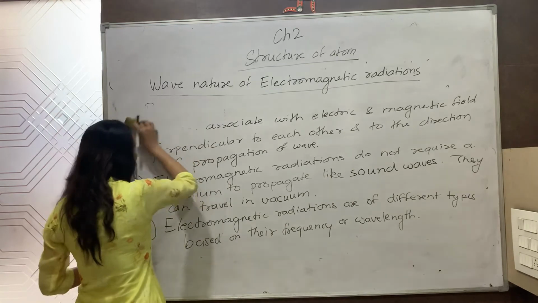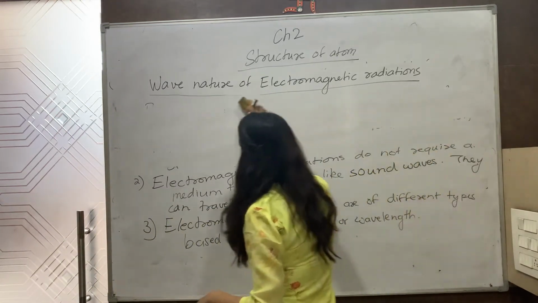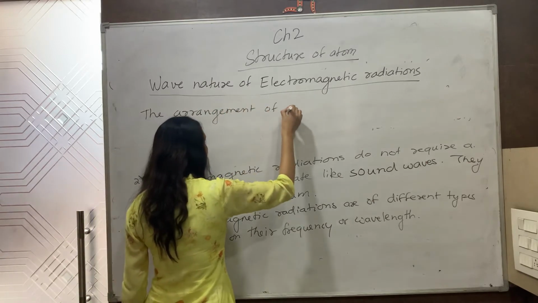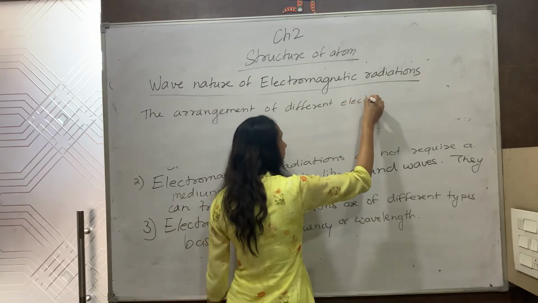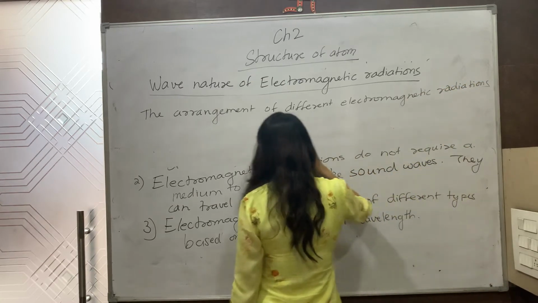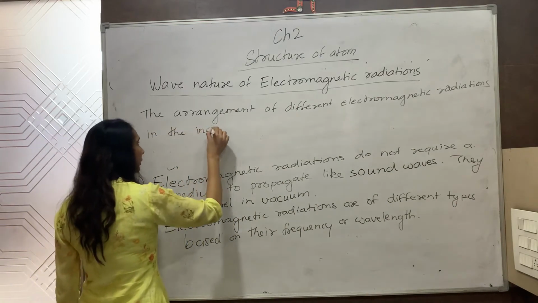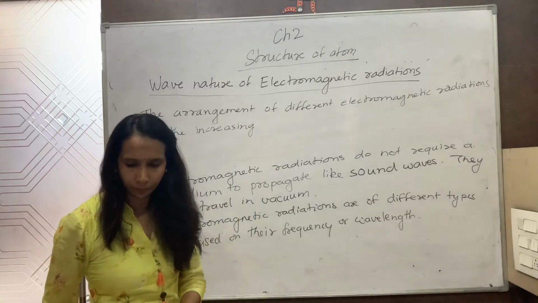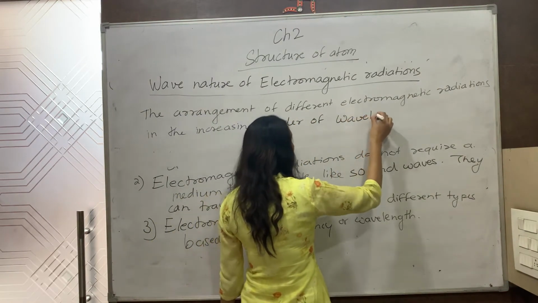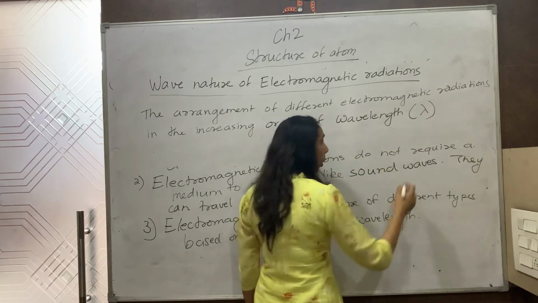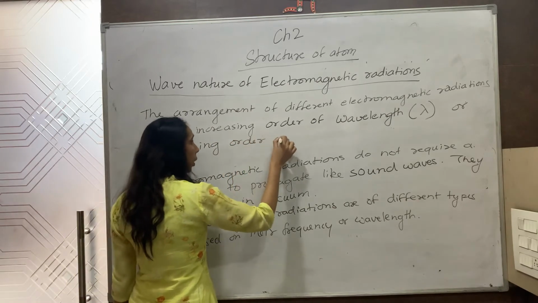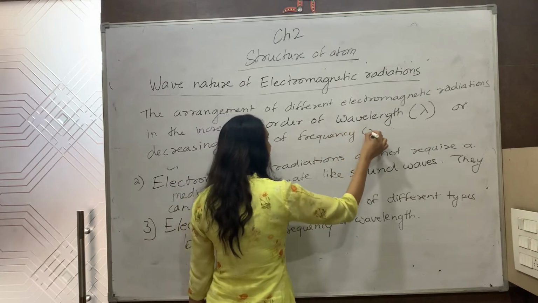Again, I am repeating: the arrangement of different electromagnetic radiations in the increasing order of their wavelength, which is represented by the symbol lambda, or decreasing order of frequency, represented by mu.